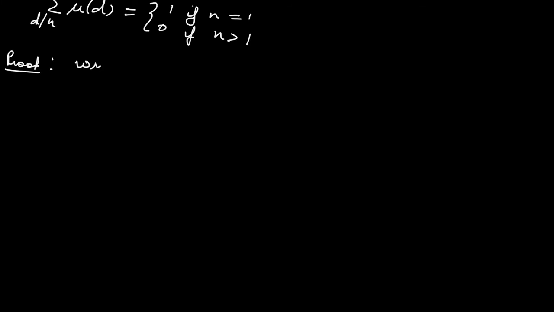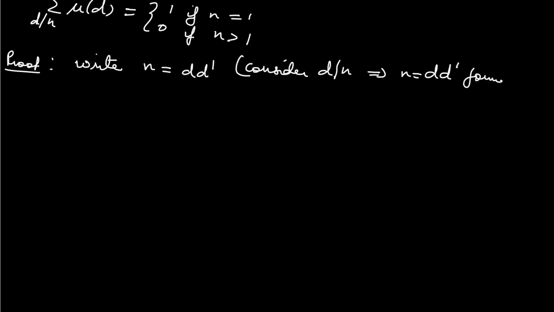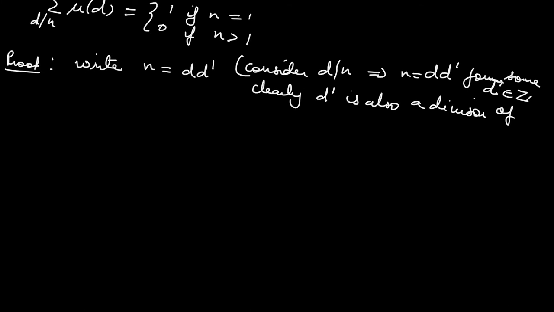We write n here as n is equal to d into d prime, because d divides n. Consider d divides n. So if d divides n, by the definition of divisibility, it implies that n can be expressed as a multiple of d for some d prime belonging to Z. So clearly this d prime is also a divisor of n.